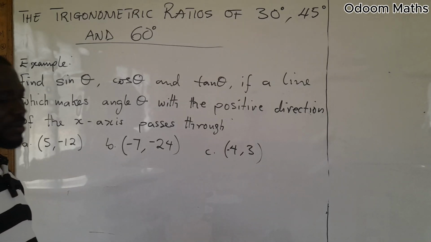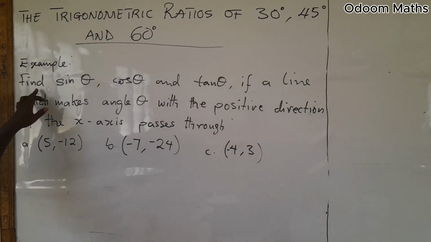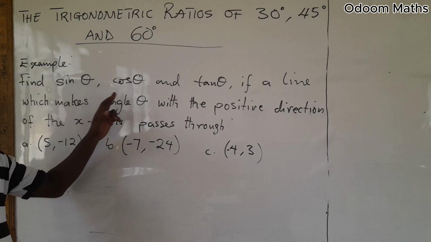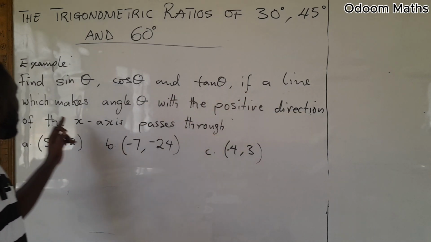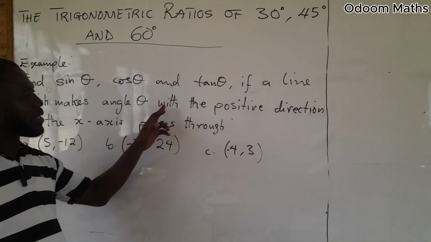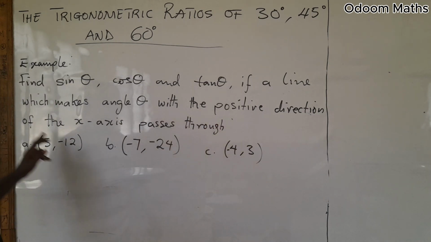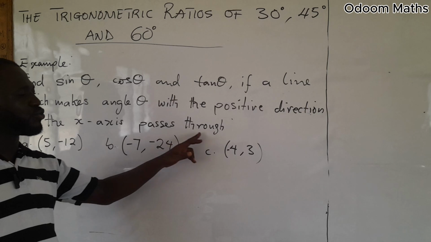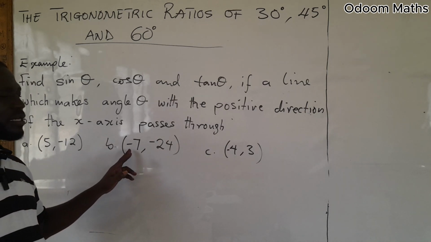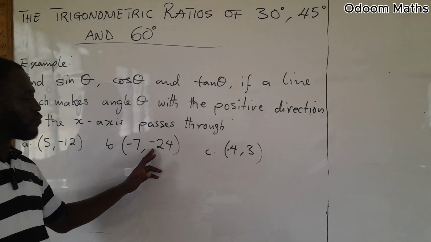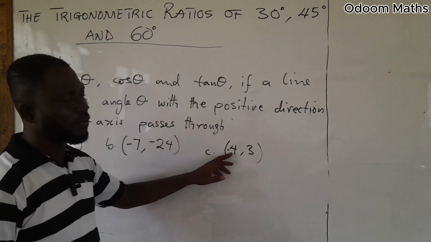Now let's look at this example. Find sine theta, cos theta, and tan theta if a line which makes an angle theta with the positive direction of the x-axis passes through A (5, 12), B (-7, -24), C (-4, 3).